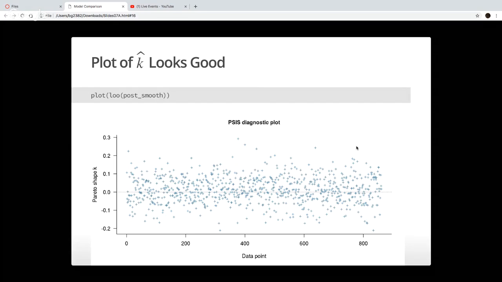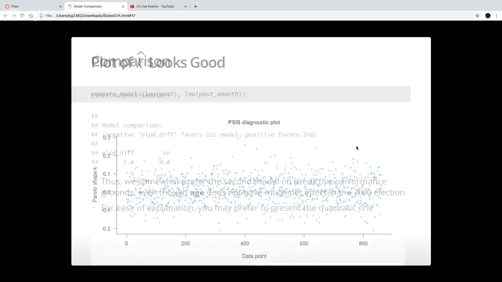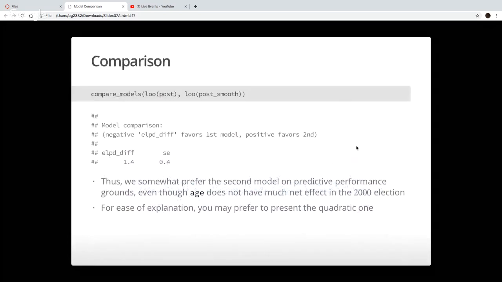It's only going to have a small effect on the posterior distribution, and that small effect I can account for with this reweighting process in terms of importance sampling weights. And then I can call LOO on those things and just kind of eyeball the difference. Or I can call the compare_models function, which will give me the difference in expected log predictive density.